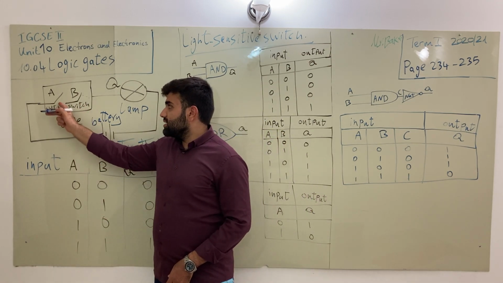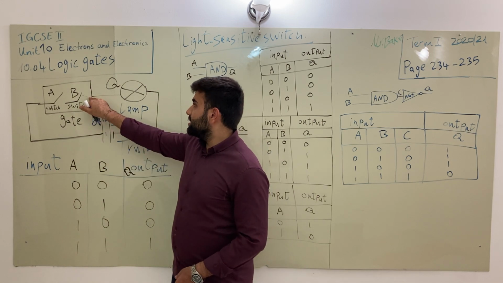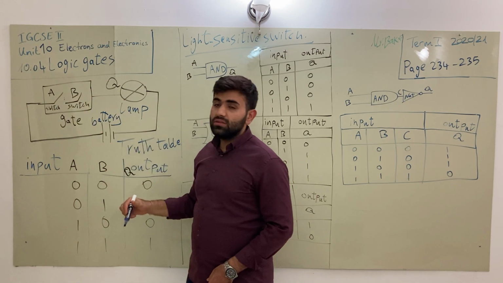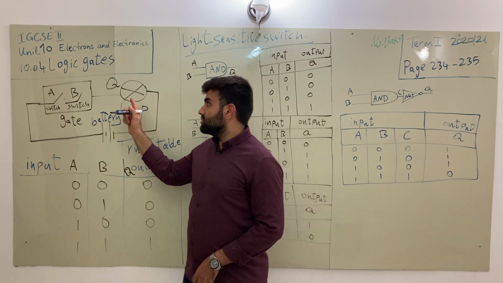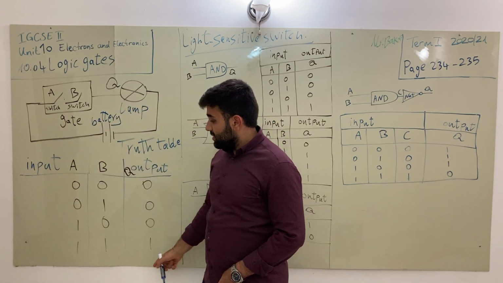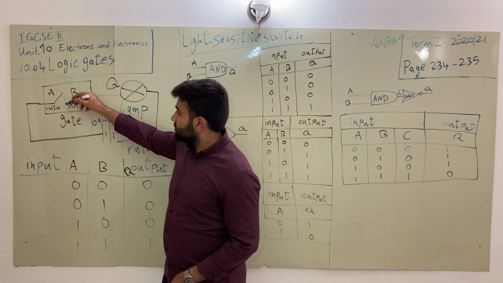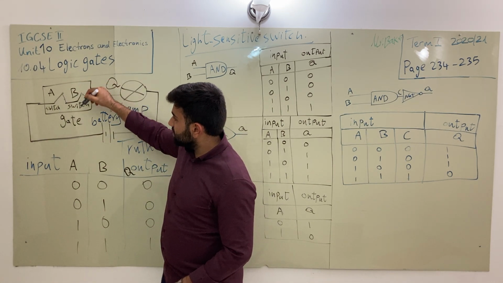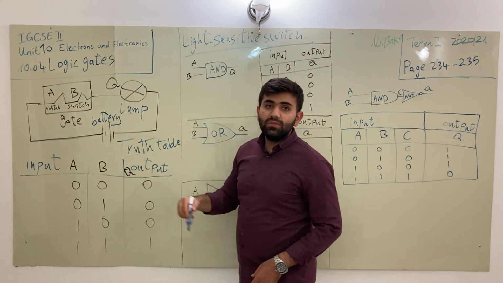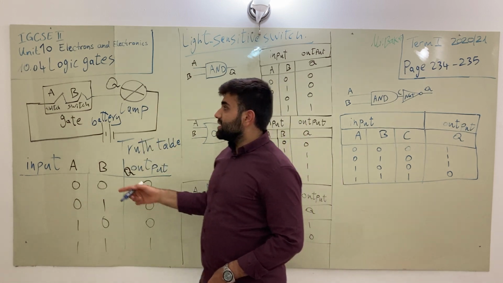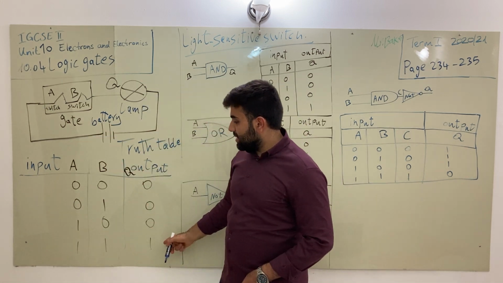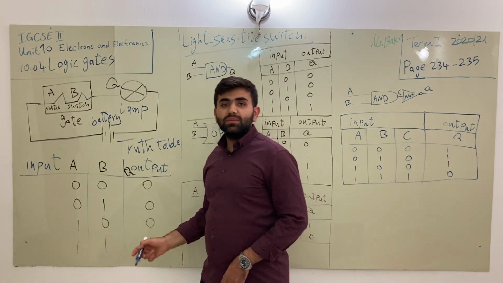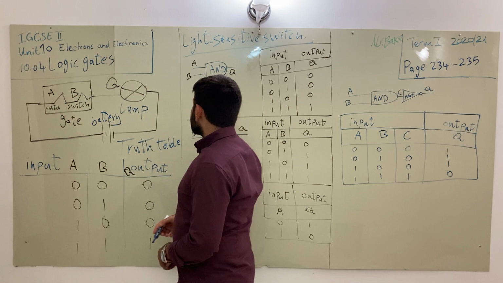Another case, if A is 1, connected, and B is 0, it also won't work. If A is 1 connected and B is 1 connected, then the lamp will work. So in this gate, the lamp will work in one case only, when A and B are both connected.